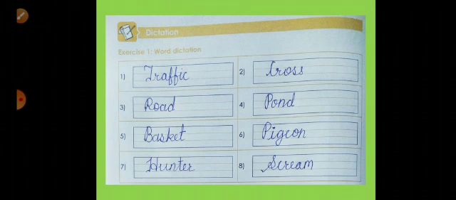Fifth word is basket, BASKET, basket. Sixth word is pigeon, PIGEON, pigeon. Seventh word is hunter, HUNTER, hunter. Then eighth word is scream, SCREAM, scream. Okay, so these are the words you have to write in your grammar book.